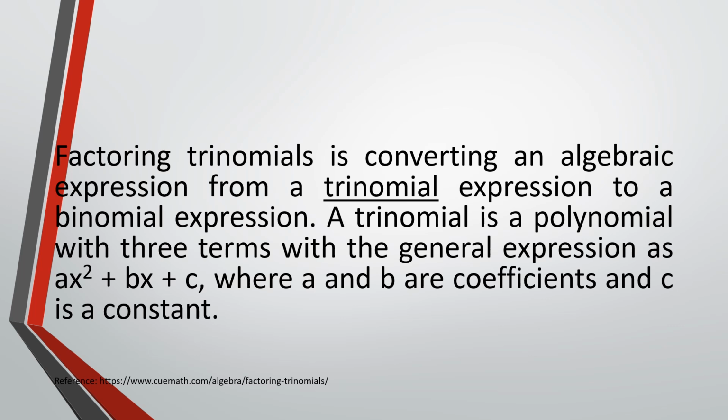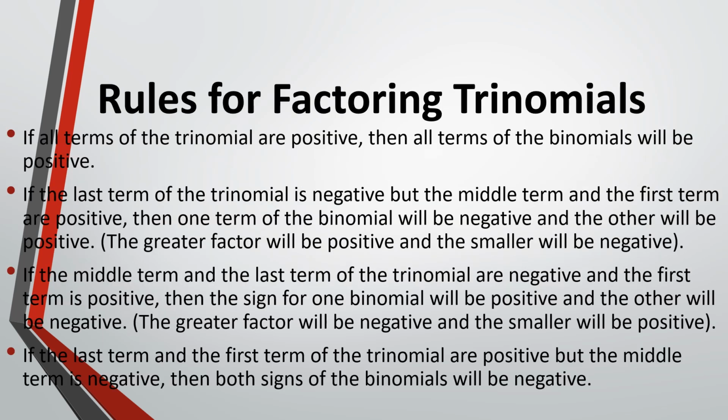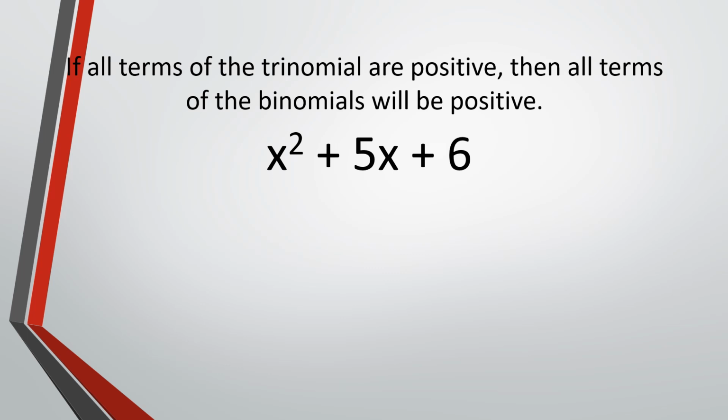Alright, for you to really understand the topic, let me give you some examples. Here are some rules for factoring trinomials, and I already discussed them in our class. Rule one: if all terms of the trinomial are positive, then all terms of the binomials will be positive.